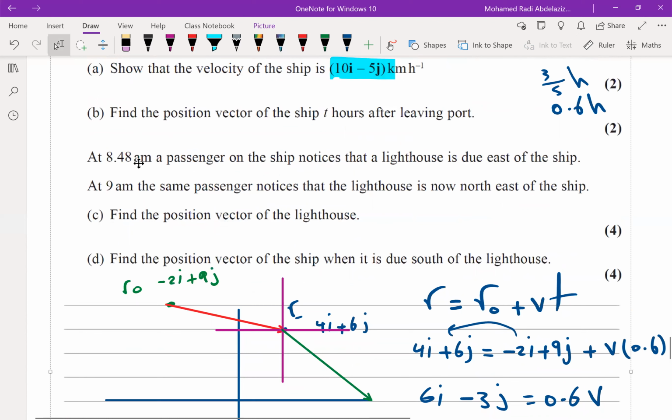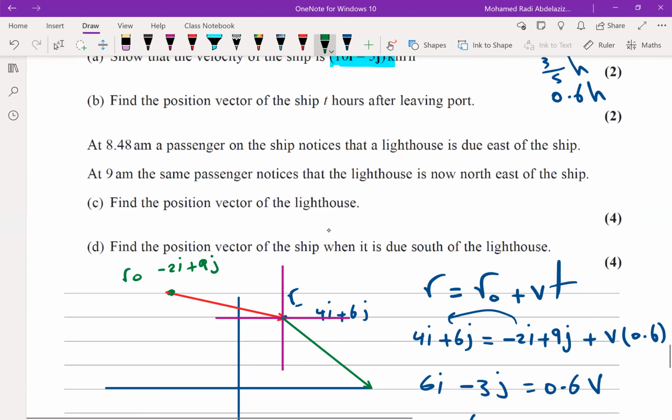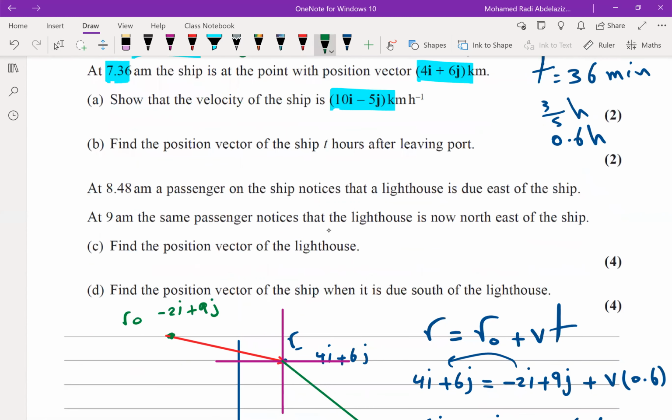At 8:48 a.m., you can find the time. You can start from the initial position, but the time will be 1 hour and 48 minutes, or you can start from this position, 7:36 to 8:48. Both are correct.